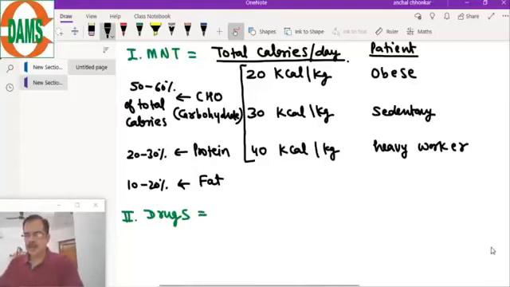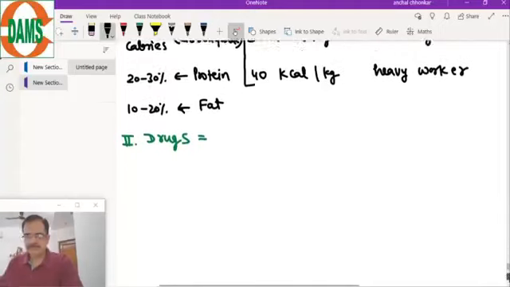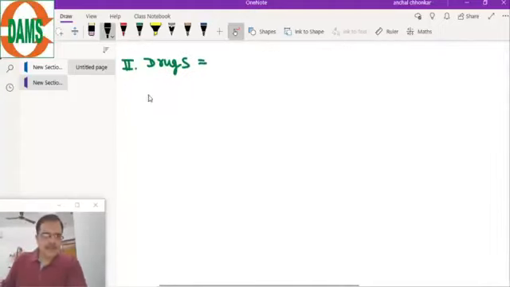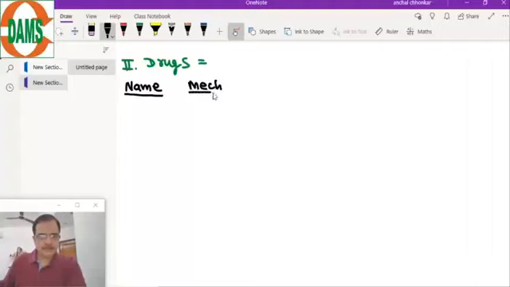Now come to the drugs. We will make a very important table: name of the drug, mechanism of action, and then importantly which sugar it is controlling, whether it is controlling the fasting or the postprandial sugars.